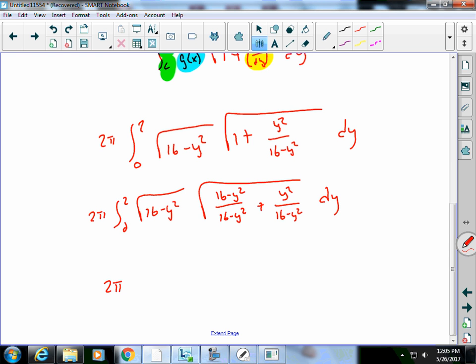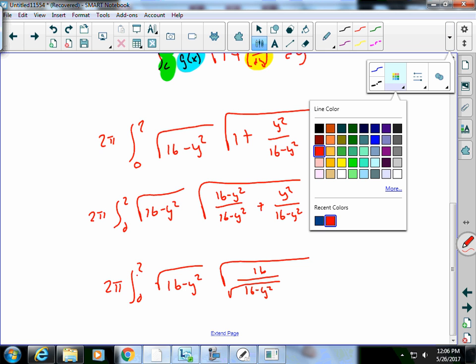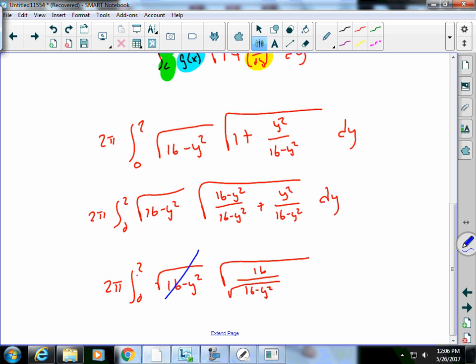I'm going to clean this up. And again, these are steps I would like to see when you're doing this on your test, so I know what you're doing. When I combine it, 16 minus y squared plus y squared, I get 16 all over 16 minus y squared. Well, that's nice because that's another square root there. I can look at this when I multiply through. This would cancel with that one down there. This is dy.